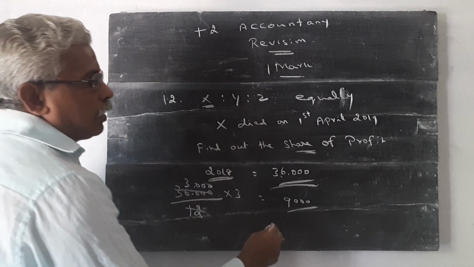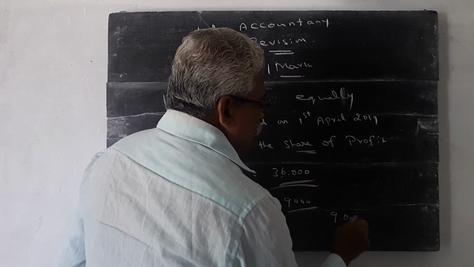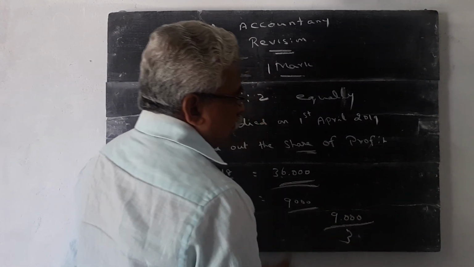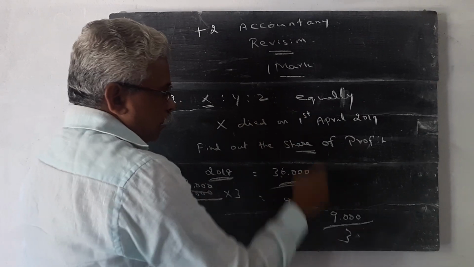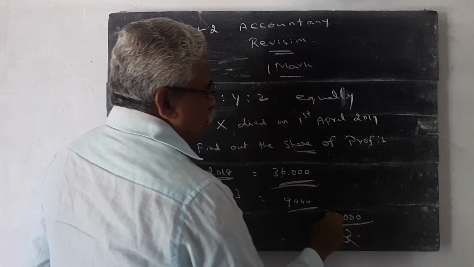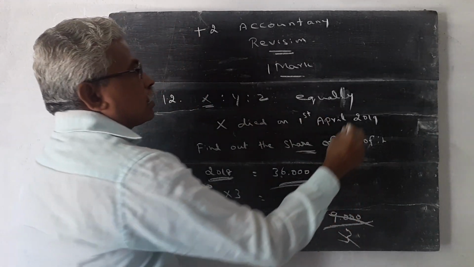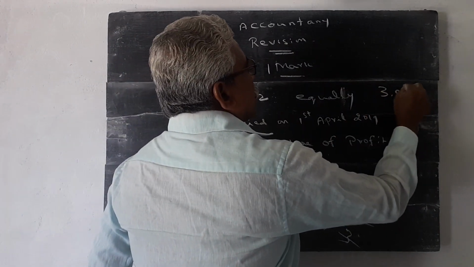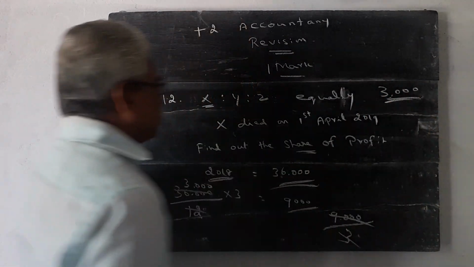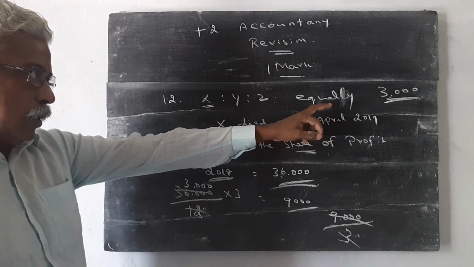This 9,000 rupees is divided by 3. There are 3 partners sharing profit and losses equally. So, the share of profit is rupees 3,000. This is the answer, 3,000 rupees.